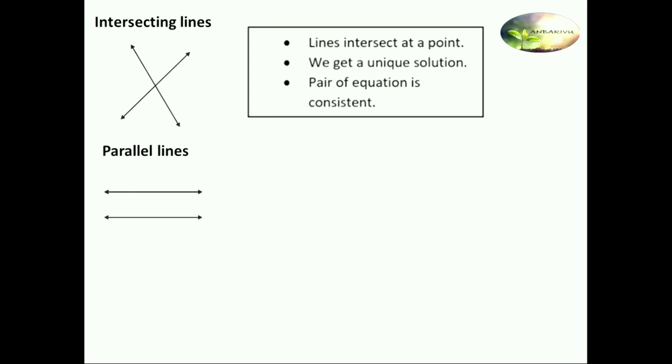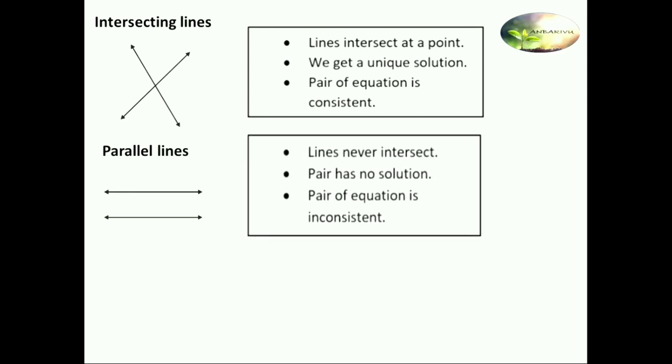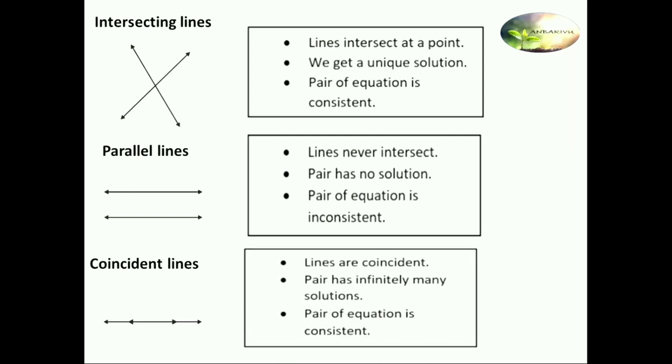The pair has no solution and the pair of equations is inconsistent. Third one, coincident lines. The two lines lie on the same graph. Lines are coincident. The pair has infinitely many solutions and the pair of equations is consistent. It is the dependent one.